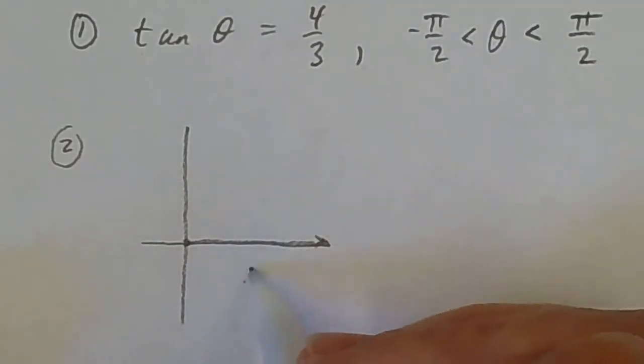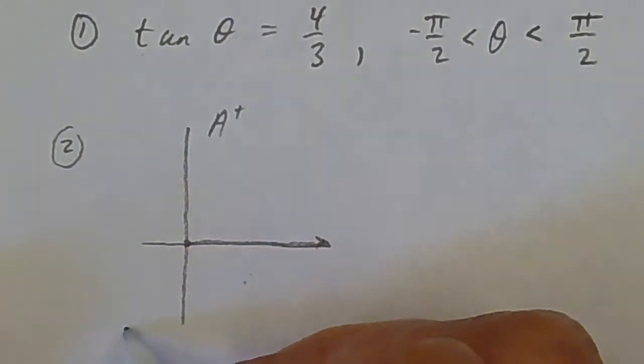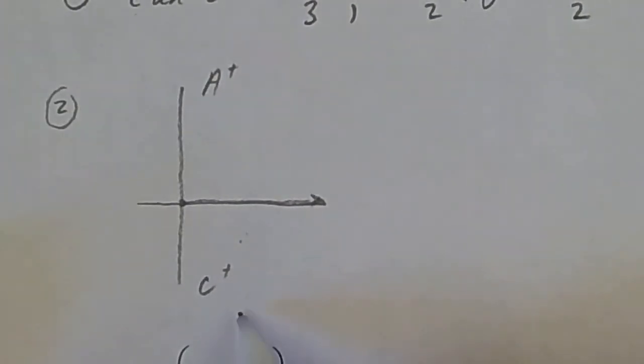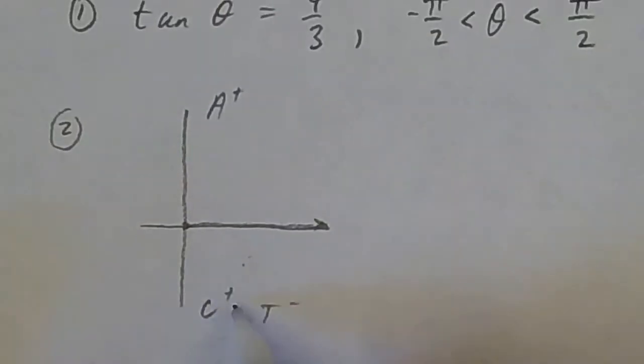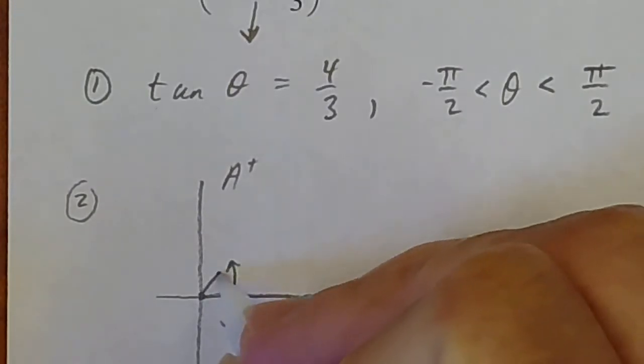So first or fourth quadrant. But by our sign rules, only cosine's positive down here, meaning tangent's negative, and this is not negative. So it cannot be in the fourth quadrant. The angle must lie in the first quadrant.